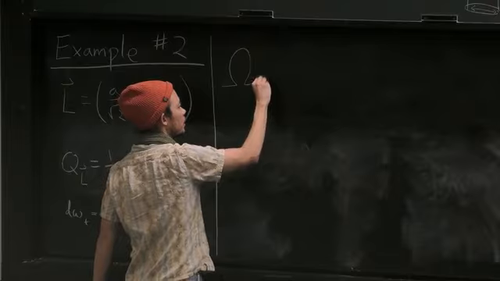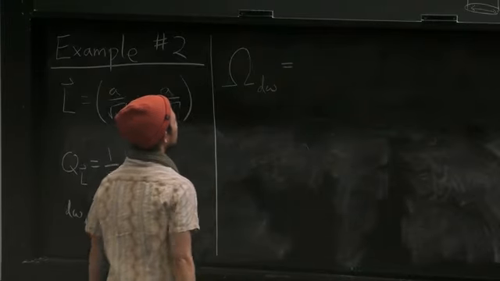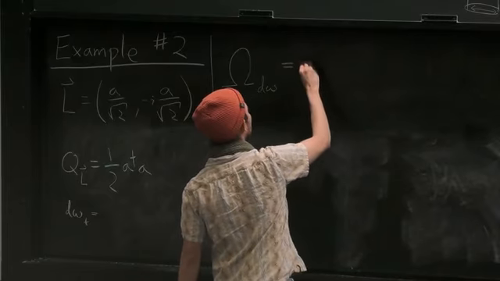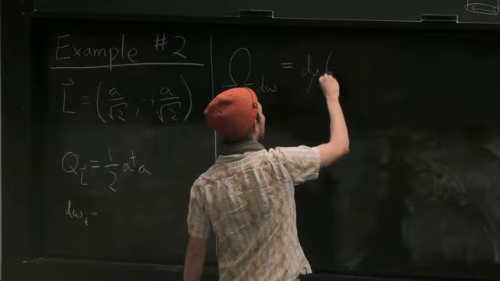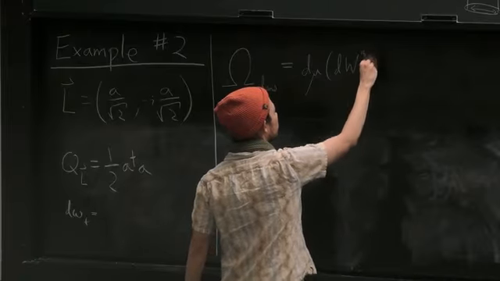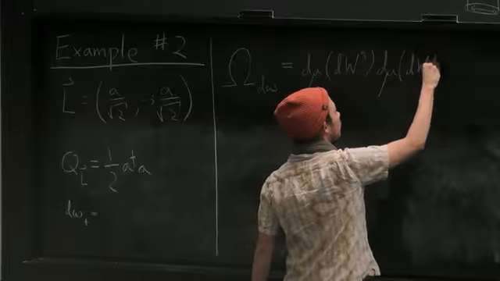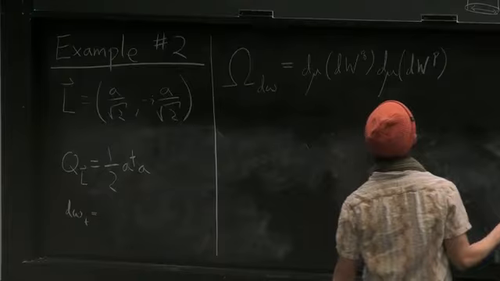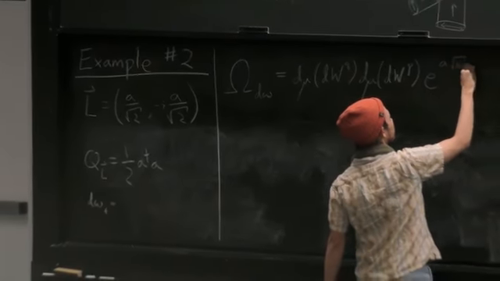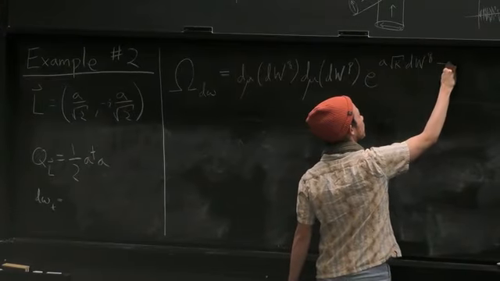So omega sub d omega is, this is just a weak one for a moment, d mu of dw q d mu of dw p e to the a root kappa dw q minus ia.